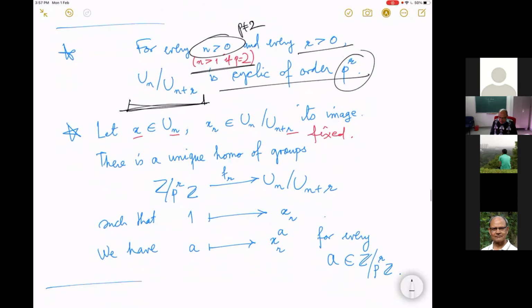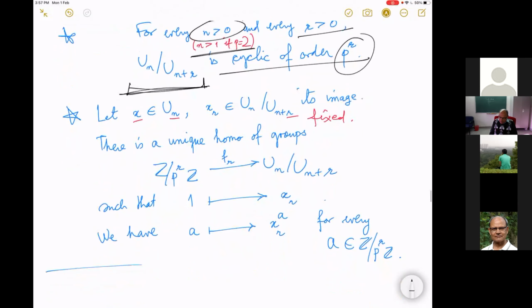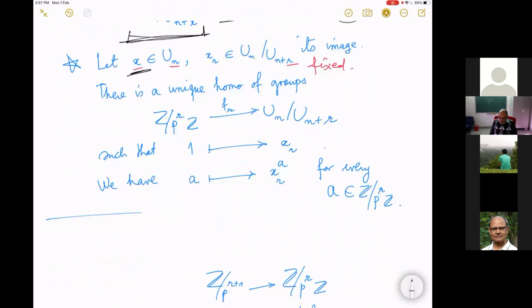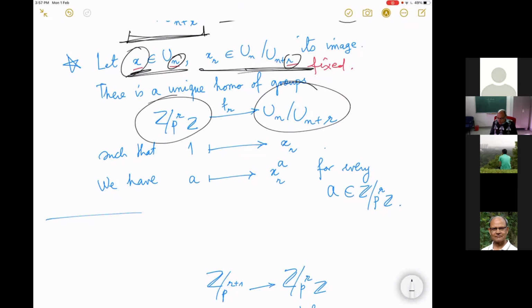Okay, so what does that imply? It implies that if I have an element x in U_n, and I denote by x_r its image in U_n modulo U_{n+r}, so you're fixing x, n, and r, then there's a unique homomorphism from Z modulo p^r Z to U_n modulo U_{n+r}, sending 1 to x_r.